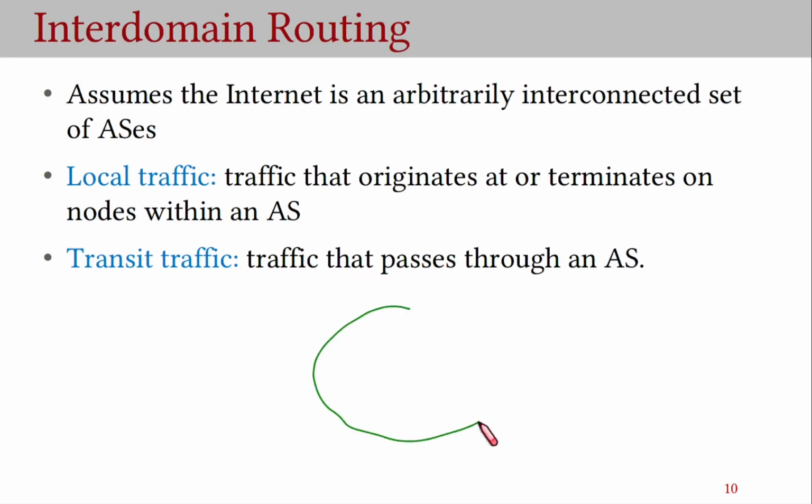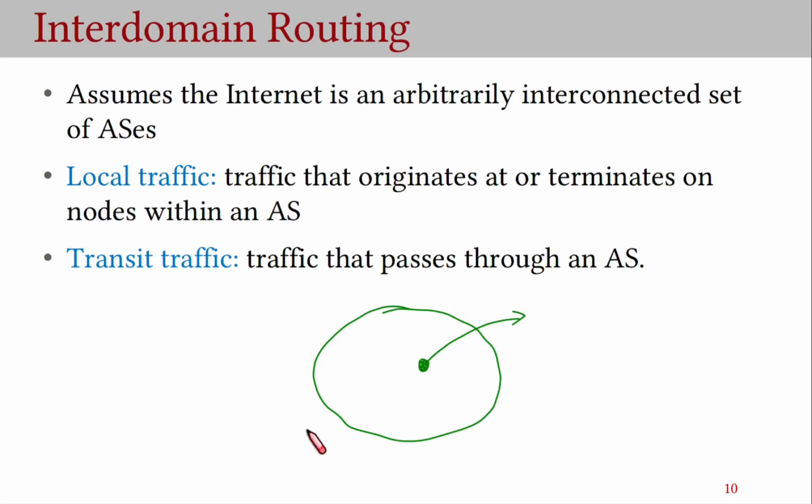So suppose we have an autonomous system, and if traffic originates inside, from some host or some node, and goes outside, then it's local traffic.